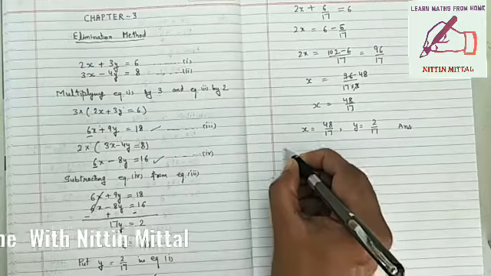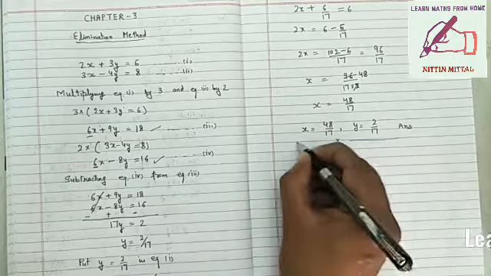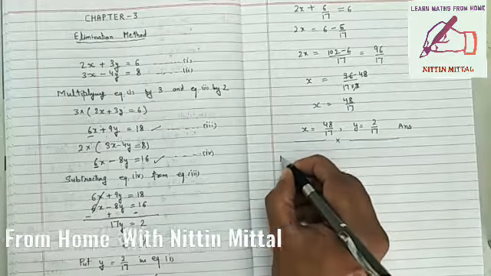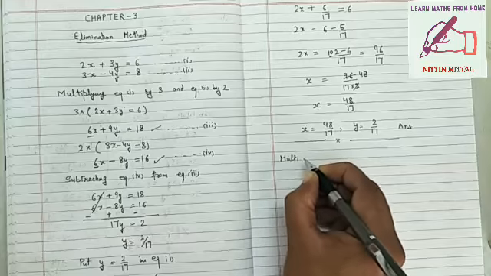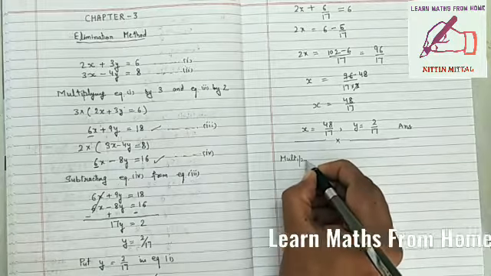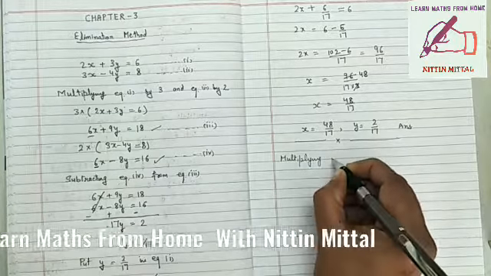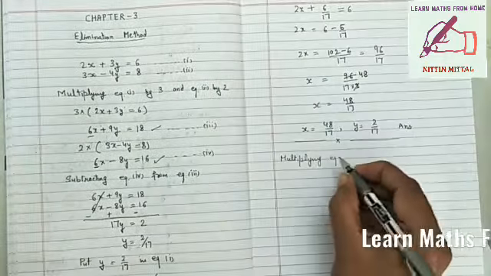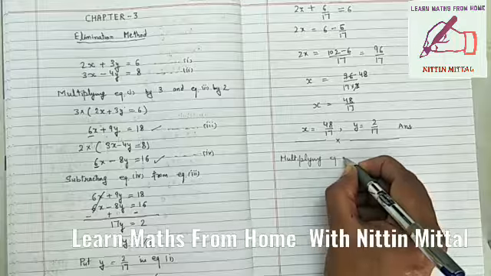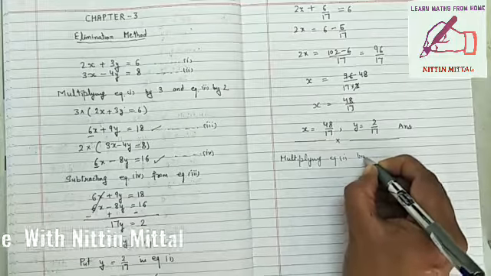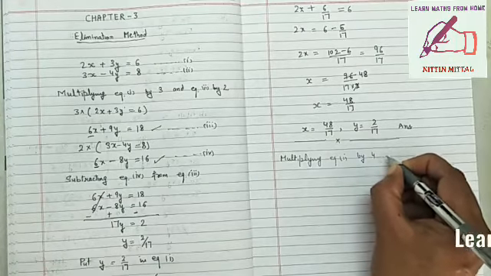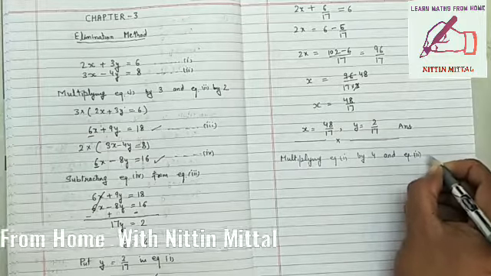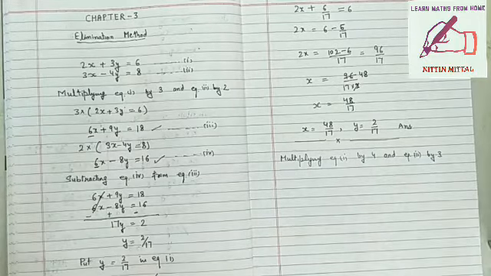Now here, if I have to eliminate y, then what will I do? I will write multiplying equation 1 by 4 and equation 2 by 3.